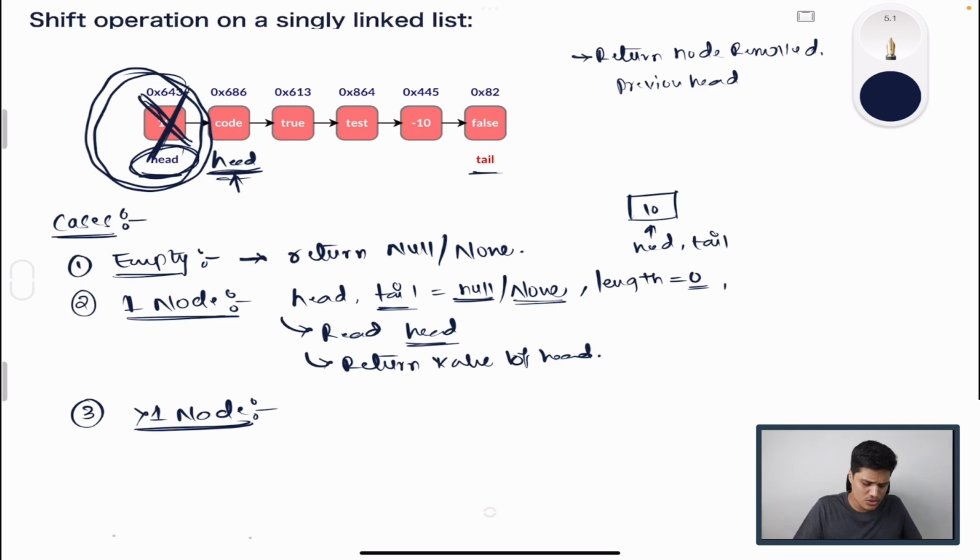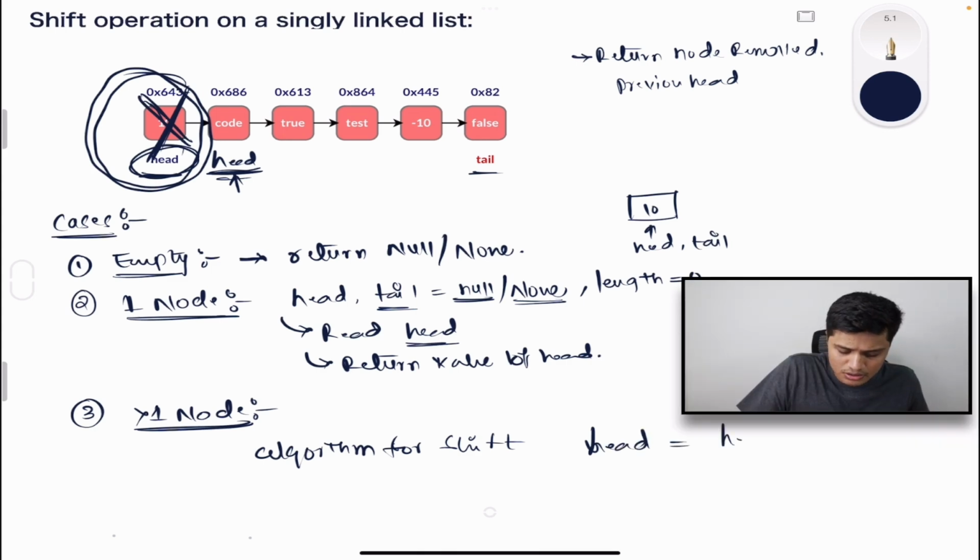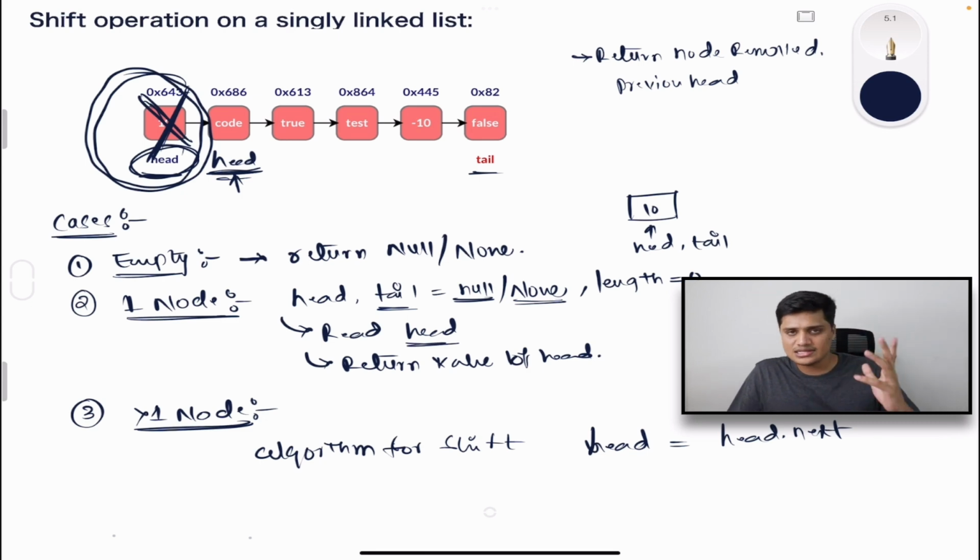Okay, so that is the algorithm for performing the shift operation when we have more than one node. What we will do is simply update the head to head.next. That is something you can do using a simple assignment operation.